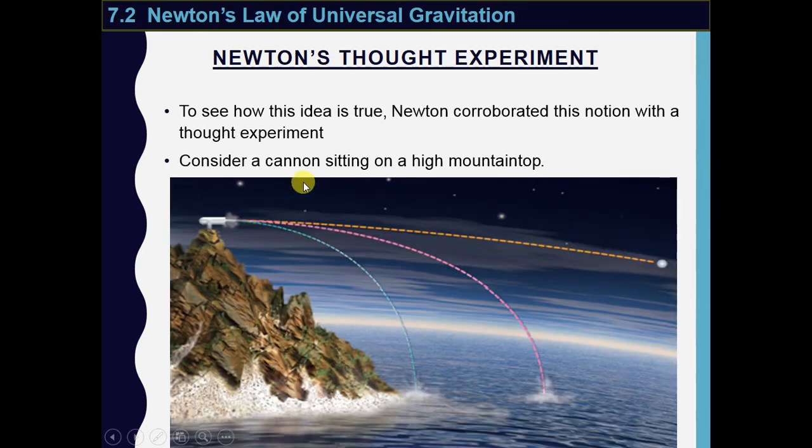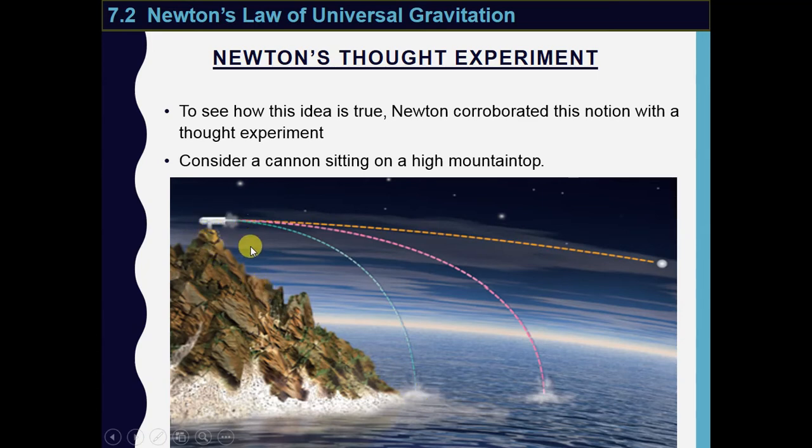To explain this, Newton corroborated this notion with a thought experiment. He said, consider a cannon sitting on a high mountain top in the figure here. When the cannon fires a cannonball, we know that the ball eventually hits the ground, right?